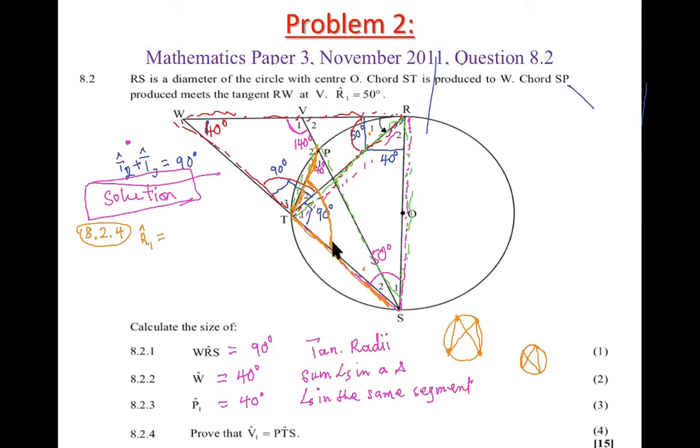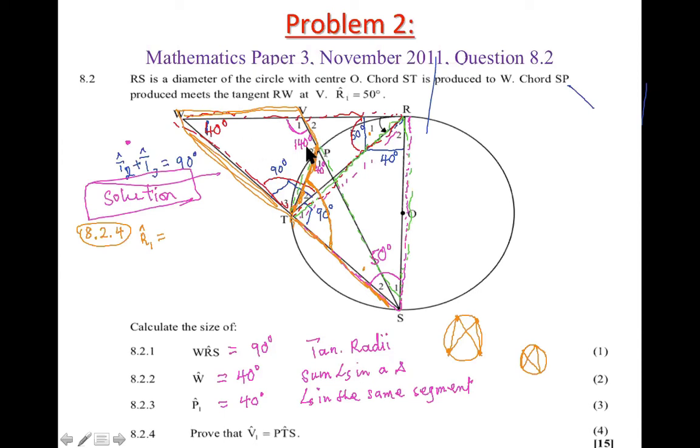Where is V1? V1 is inside the cyclic quadrilateral W, V, P, T. Are you following? Look at it. W, V, P, T. It's a cyclic quad because we already proved that this exterior angle P1 is equal to W, 40.